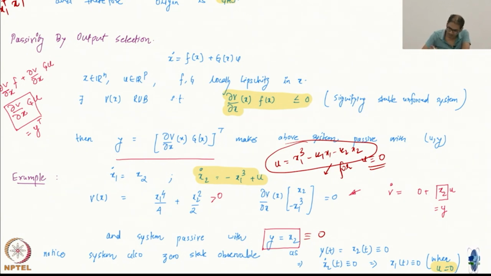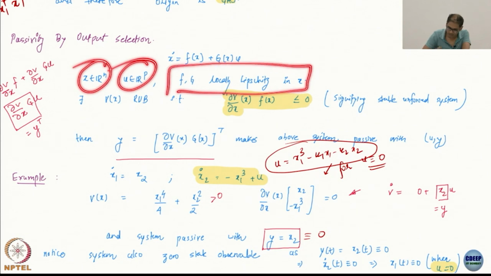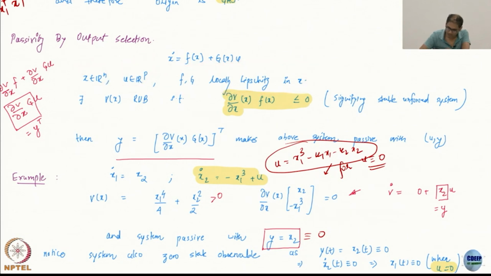Right. If you have this kind of a system, which is again a control affine system, and as usual you have some states, some control, Lipschitz in x, and you further suppose that your drift system is stable.